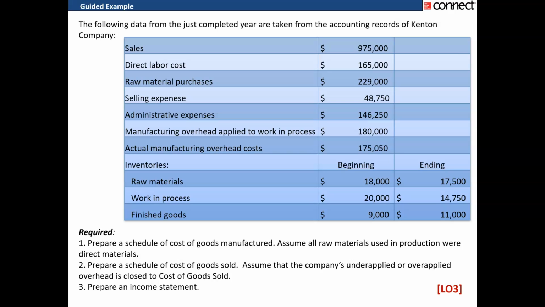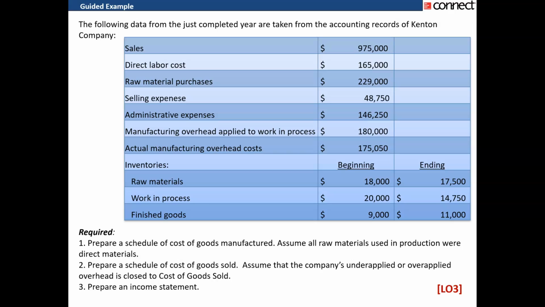And in the schedule of cost of goods manufactured, we're going to take what they had at the beginning, add what they purchased, and then subtract what they had at the end to get what was used. We're going to do that for labor, we're going to do that for materials, and we're going to do that for overhead. So the fact that we have direct labor cost tells us what account that's going to go into.